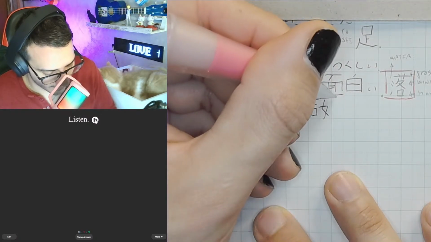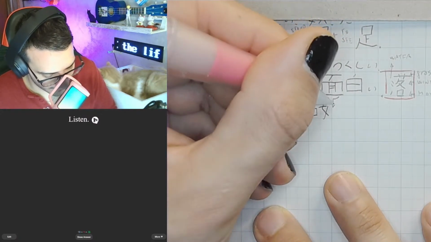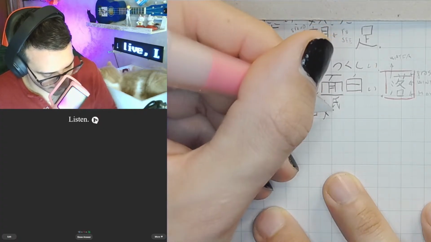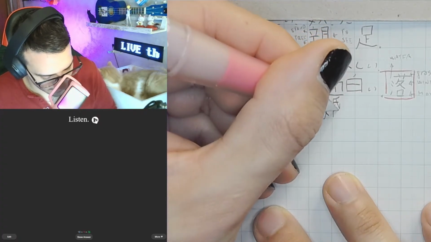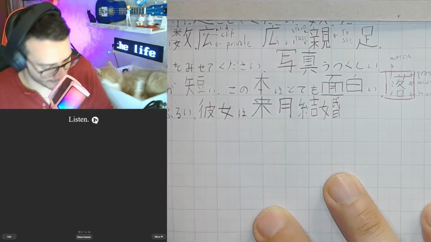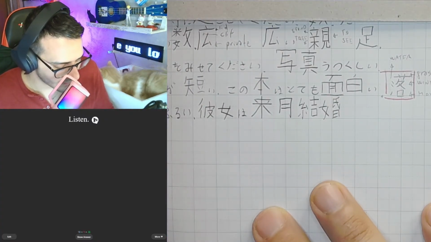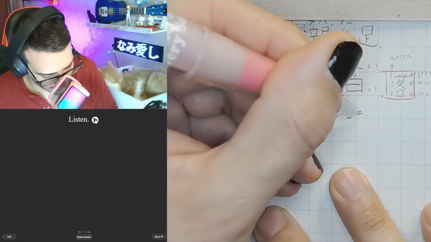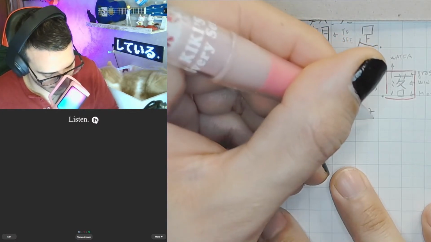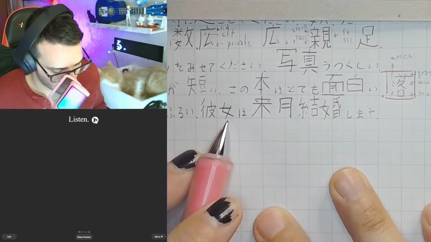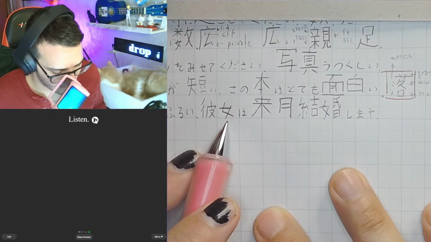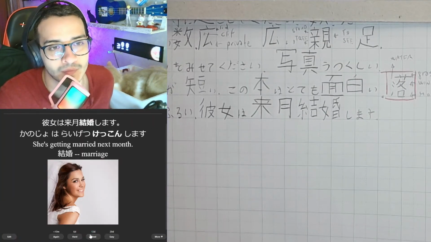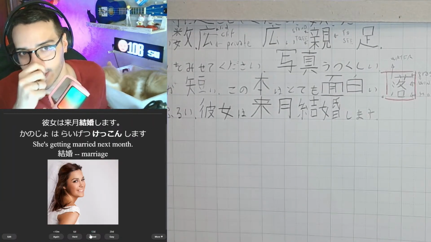They were talking about keeping their family name, and they were talking about the day of their wedding. 彼女は来月結婚します. So meaning she's getting married next month.